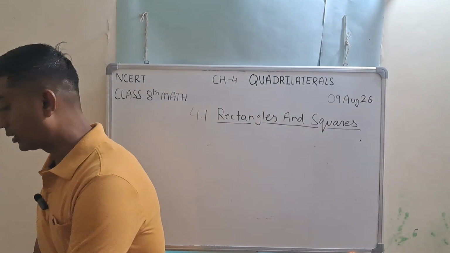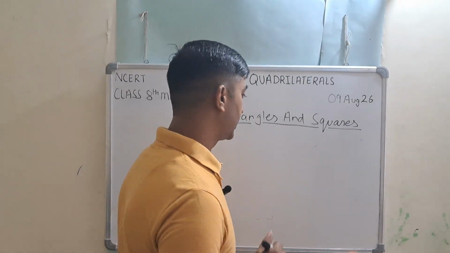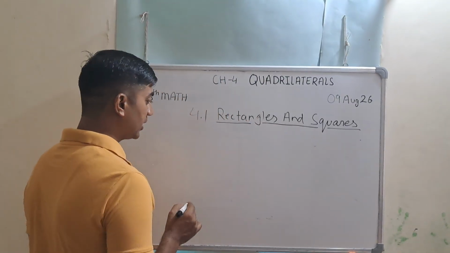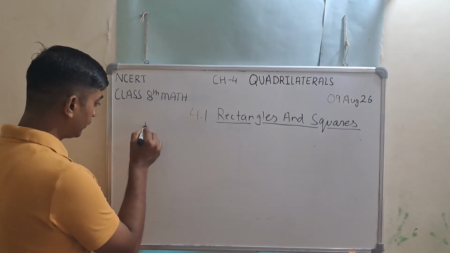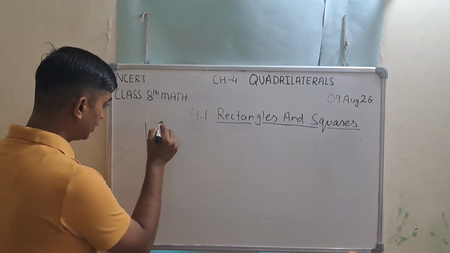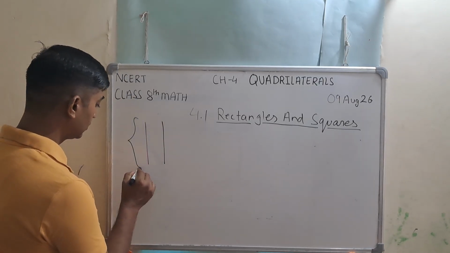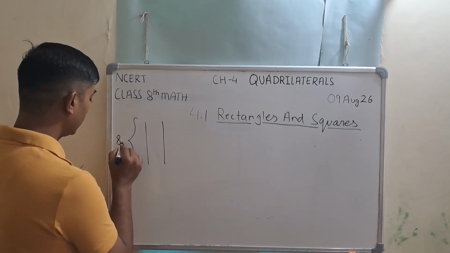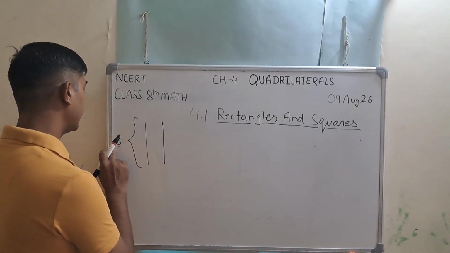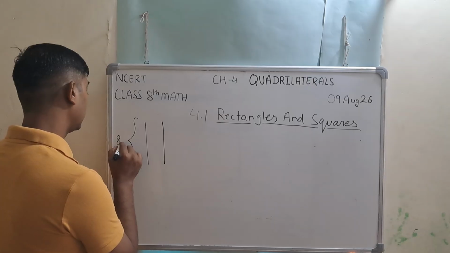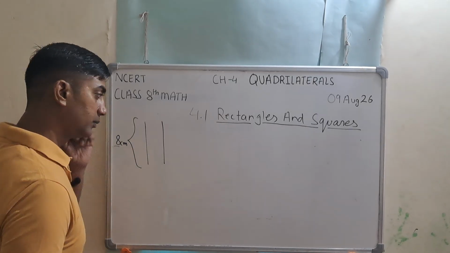Now this example is saying that a carpenter has two equal sticks, one stick and another stick, and the length of this stick is suppose 8 units. We say 8 centimeters. Understood?